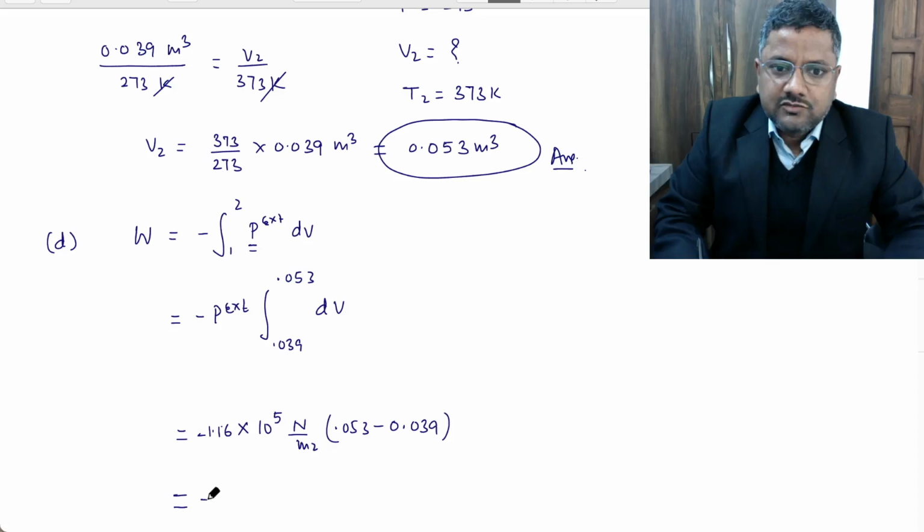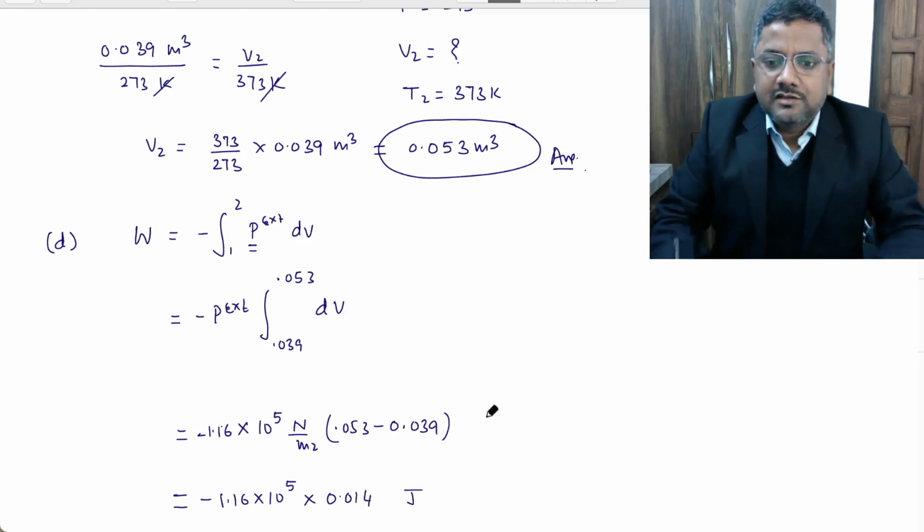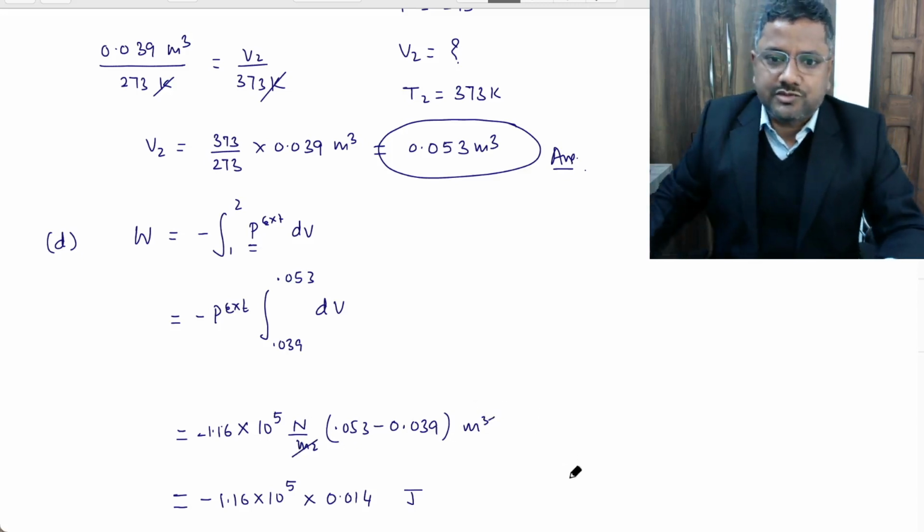So this is equal to minus 1.16 into 10 to the power 5 multiplied by 0.014 joules, right? This is volume, so this is meter cube. So this is square and this is cancelled. Newton into meter. This is equal to joules.